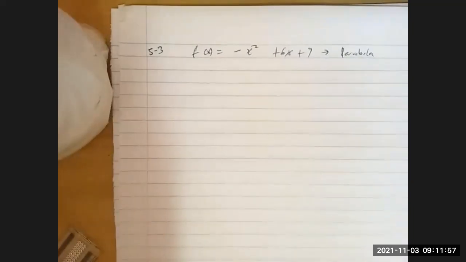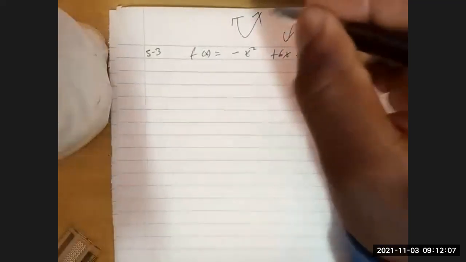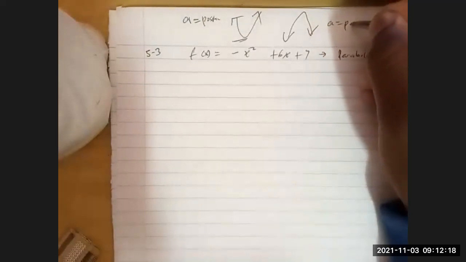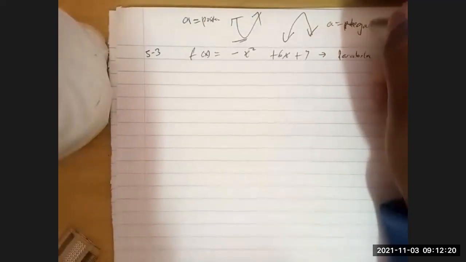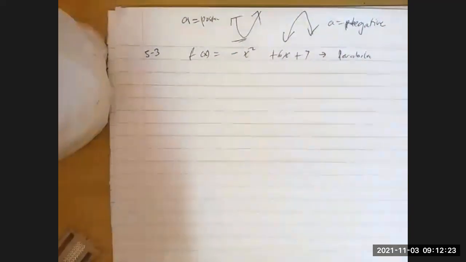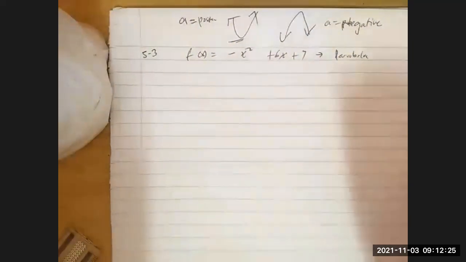With this thing being a parabola, we know that a parabola can either take this shape, or it can take this shape, and what controls that is the value of a. If a is positive, it is this one, and this is for a that is negative. We know that. So it so happened that in this case, a is negative.